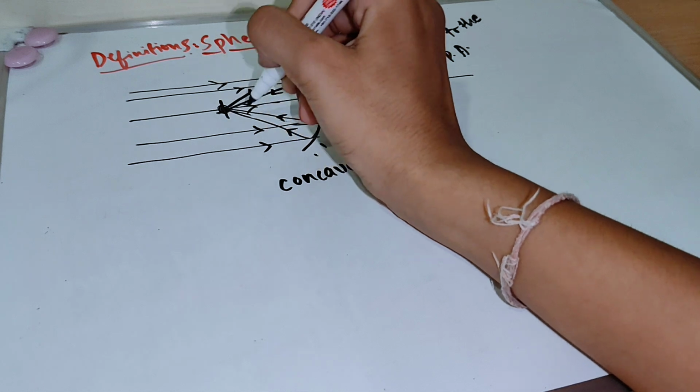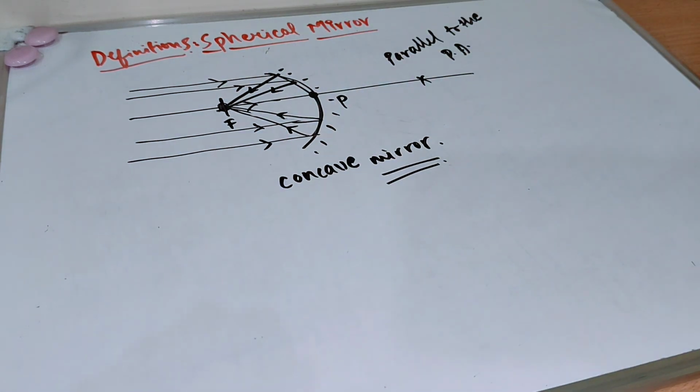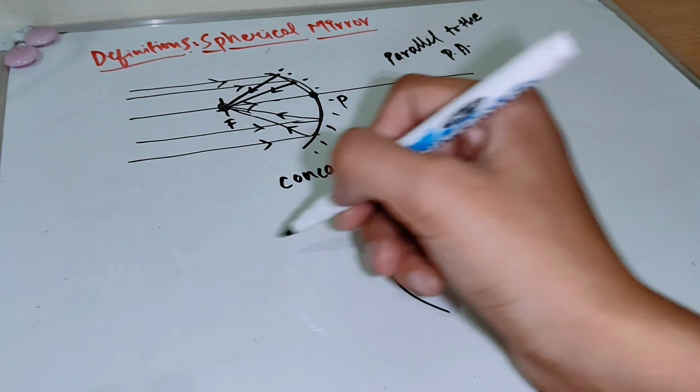This very point is called the focus. So focus is the point at which the lines intersect when the incident lines are parallel to the principal axis.